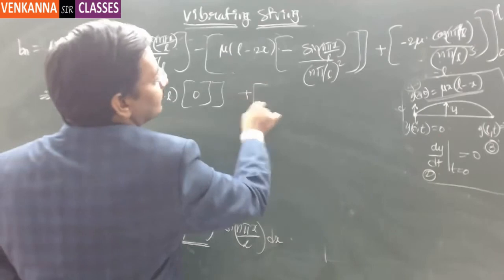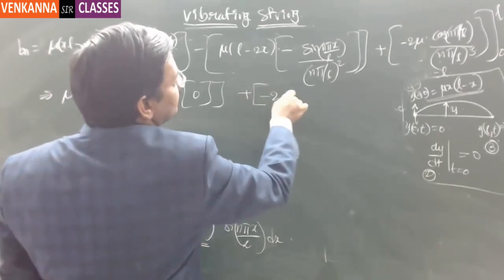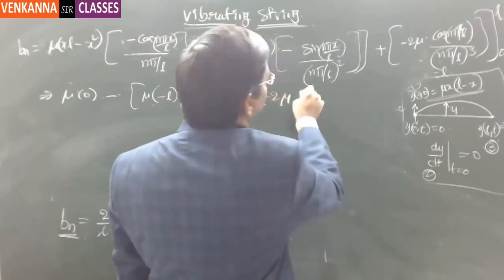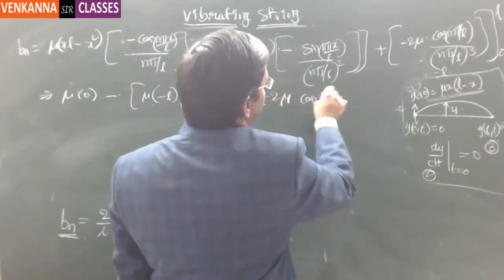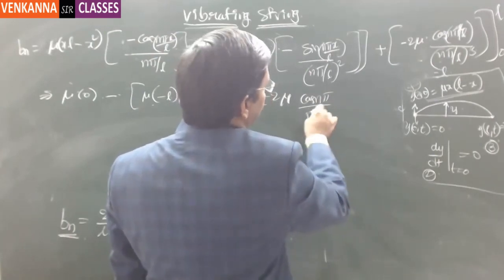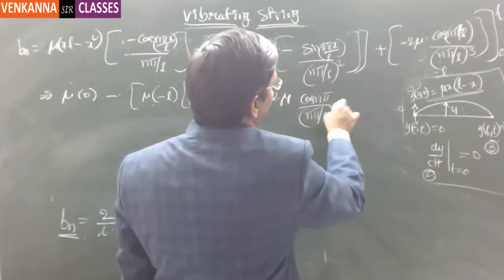And then plus minus 2 mu times cos n pi divided by (n pi by L) whole cube for the upper limit.